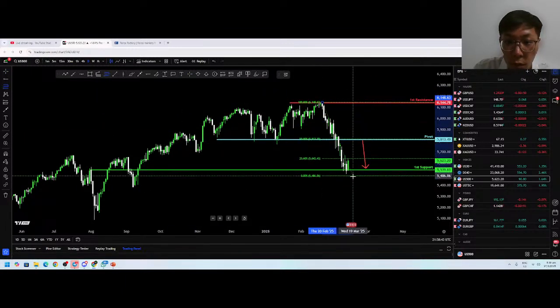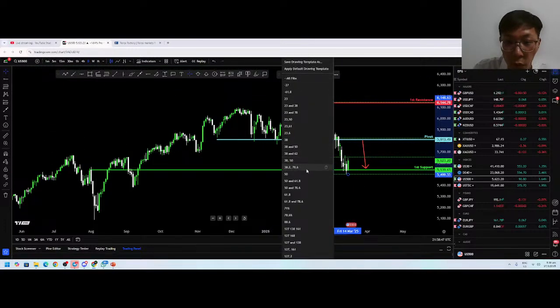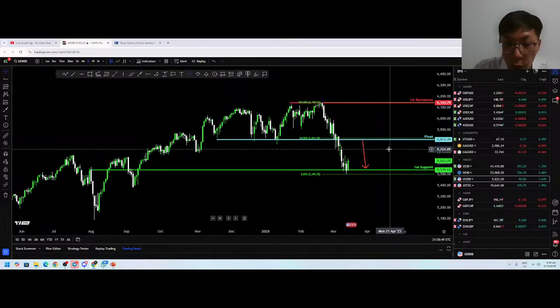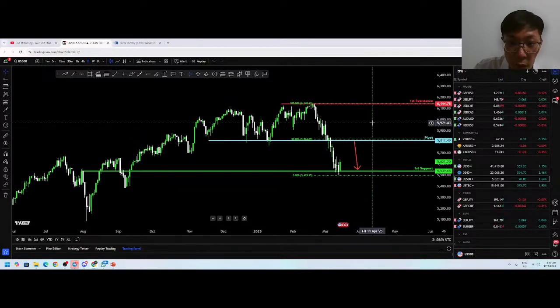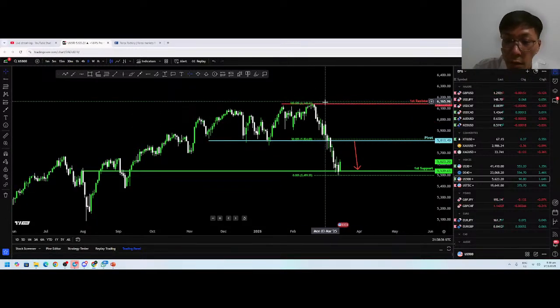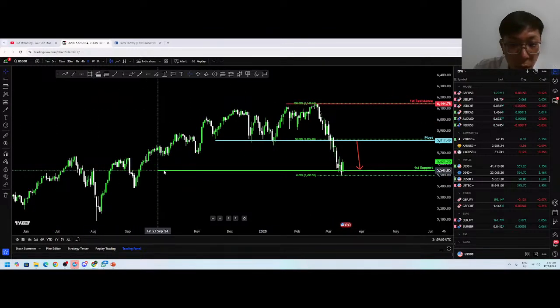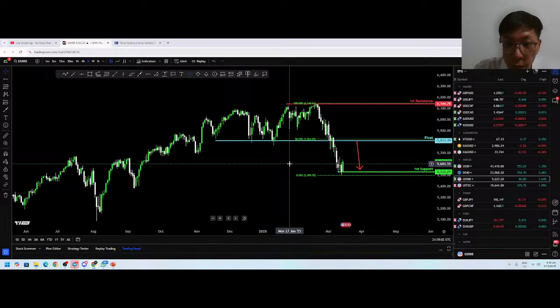I think wait, let me see. 100. Yep, we have the 50% Fibo retracement level at our pivot point. All right, which is our sell level. Okay, then our resistance level is at this swing high level. All right, our support will be at this area.